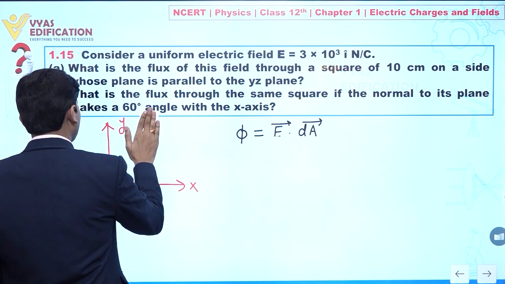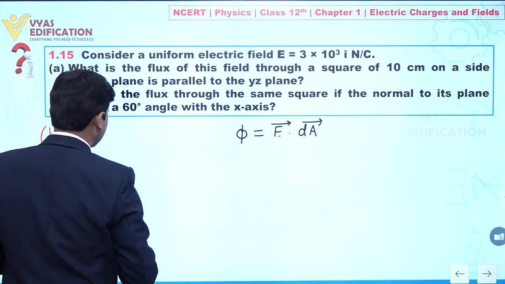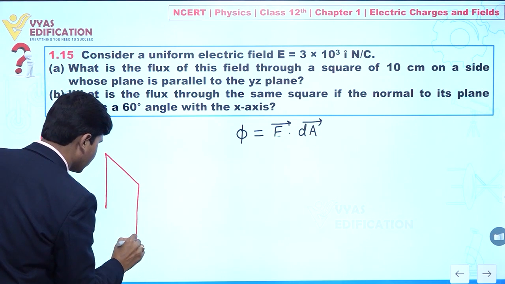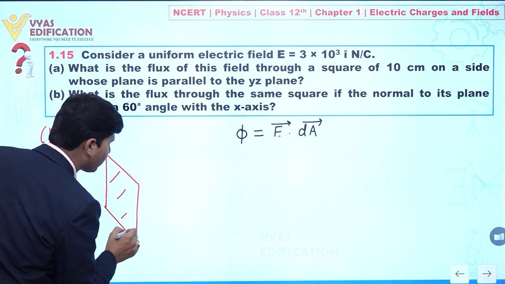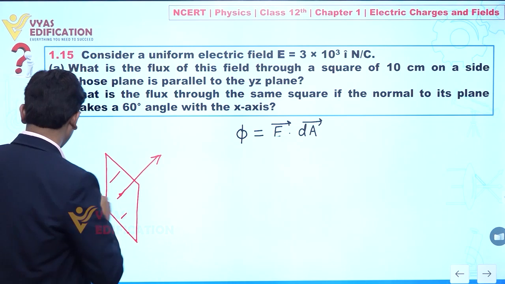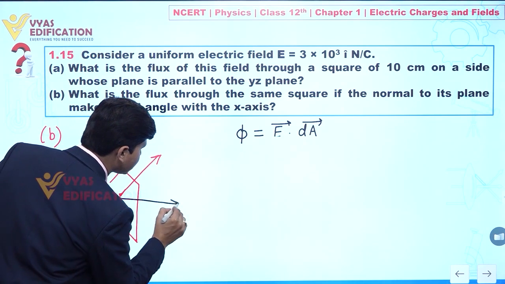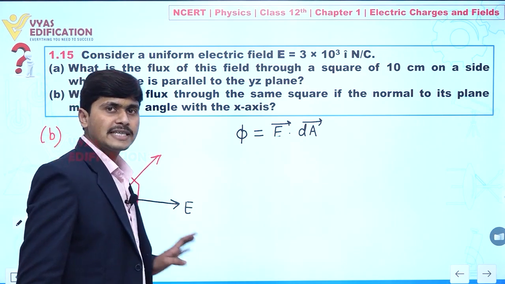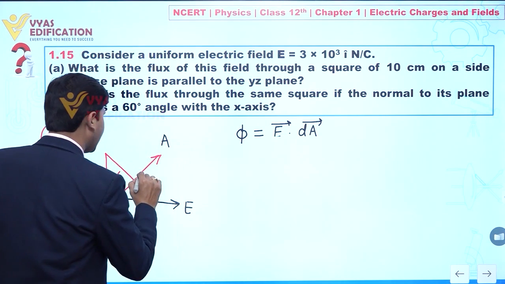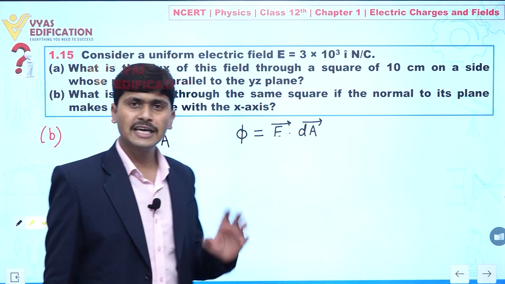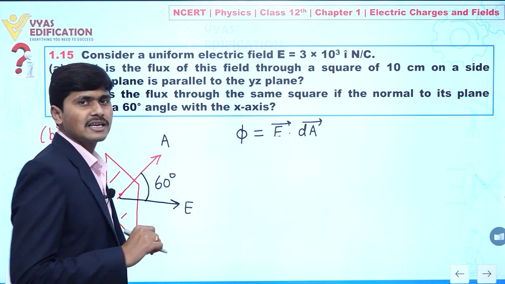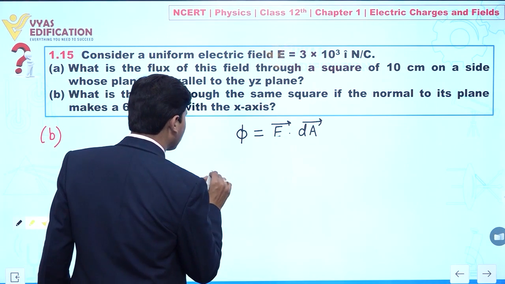Let's suppose here we have a plane like this, and the area vector of this plane is in this direction. Clear? We can see the x axis is in this direction. So this is the direction of the electric field, this is the direction of the area vector, and the angle between the electric field and area vector is given to you as 60 degree.